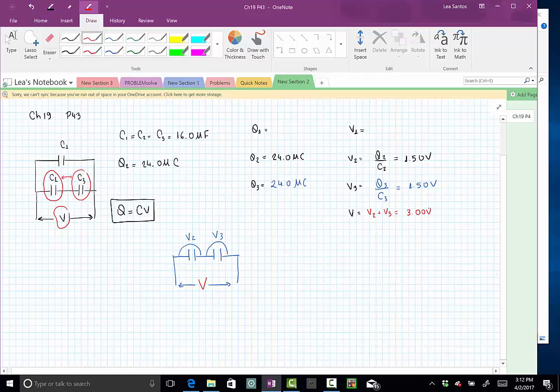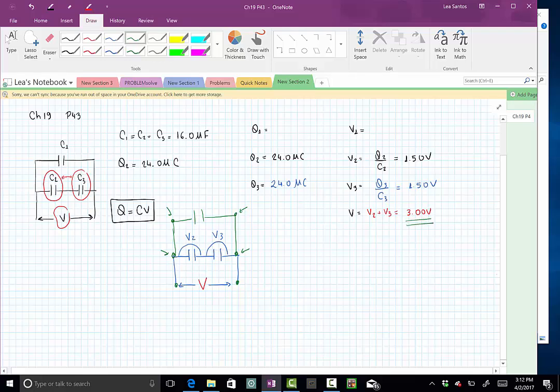Now the other capacitor, capacitor C1, is in parallel with these two, right? So let me put it here. We know that C1 is in parallel with these two. So the potential difference across the two capacitors here and the potential difference for C1 have to be the same.